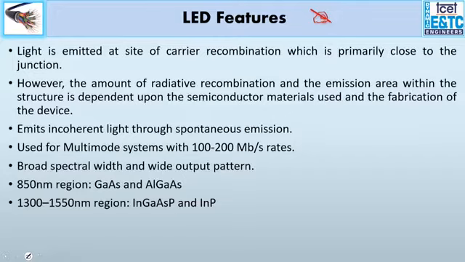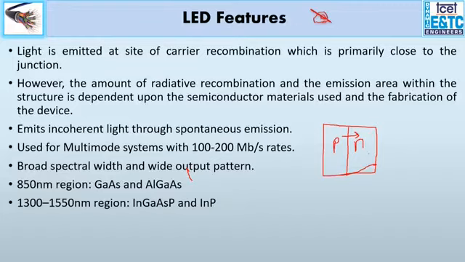Now, this recombination can happen anywhere in the whole device. I'm just drawing for reference, this is a PN junction, and once the carrier crosses, it can be anywhere.